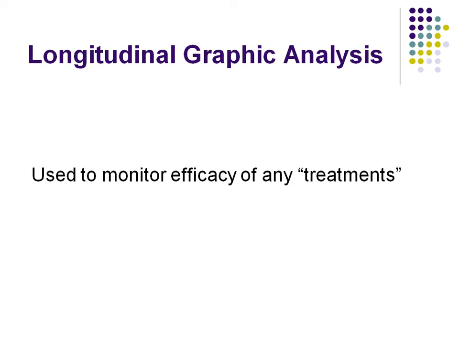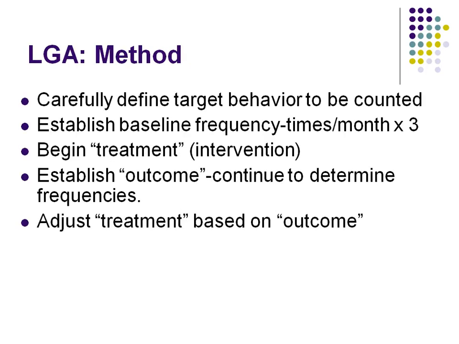And longitudinal graphic analysis is always useful to monitor efficacy of any treatments, regardless of what approach you choose. And certainly if drugs are used, longitudinal graphic analysis is essential. And there's another talk on LGA in this series that I suggest you participate in. Briefly, the LGA method involves 5 steps.